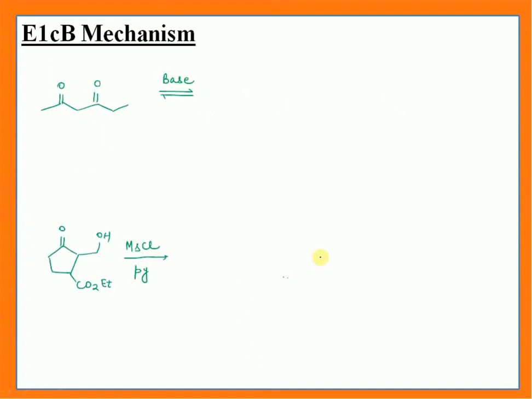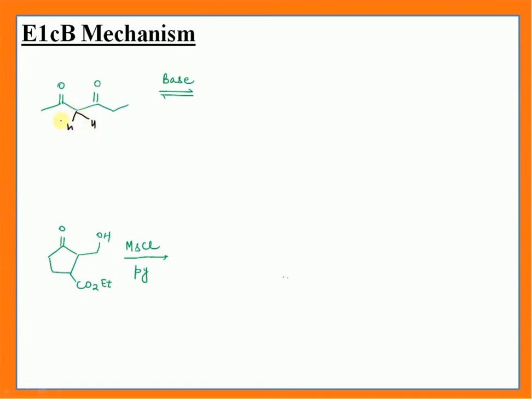Then we will take the E1CB mechanism. So how can you recognize that a reaction is following the E1CB mechanism? E1CB means elimination unimolecular, involving the conjugate base. For example, in this case we have two carbonyl groups, and in between these two carbonyl groups we have a carbon here, right?